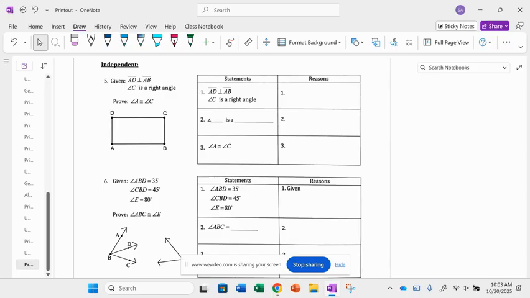Angle A is a right angle, definition of right angle. Now the definition of right angle is an angle that is 90 degrees. So we can't say that. How did we know angle A was a right angle? What from the given made you mark that? Yes, so it's not definition of right angle, it's definition of perpendicular.